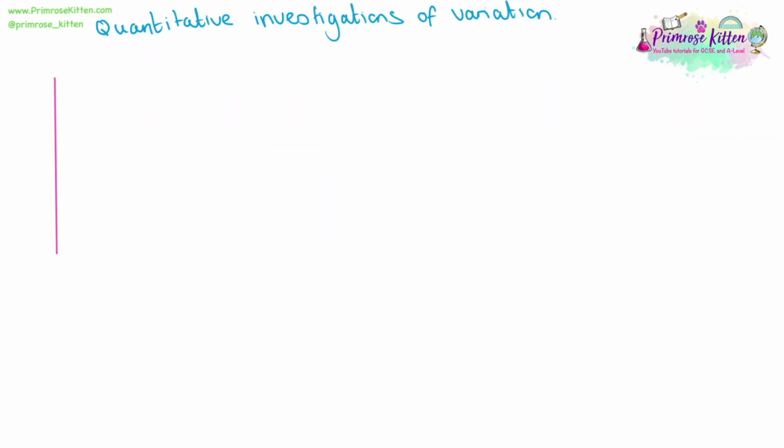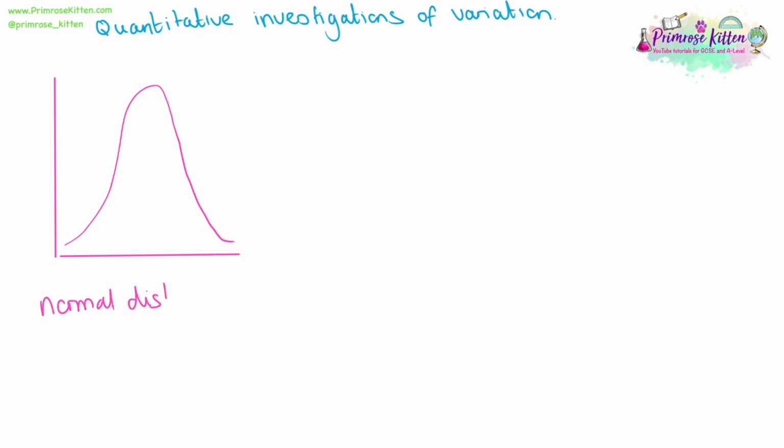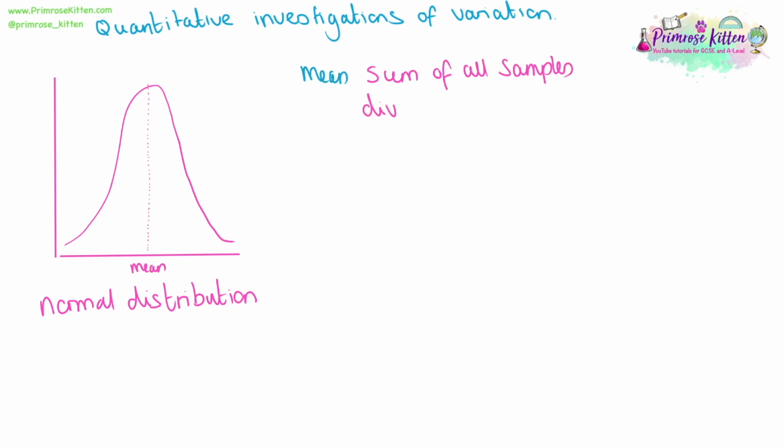We can do quantitative investigations of variation. Here we have a normal distribution with the mean shown by the dotted line in the middle. The mean is the sum of all samples divided by the number of samples.